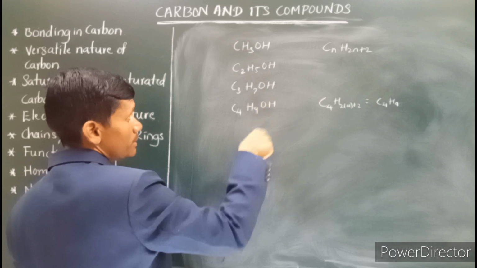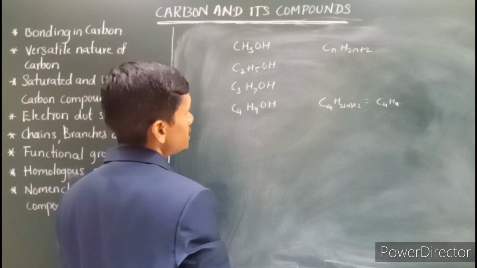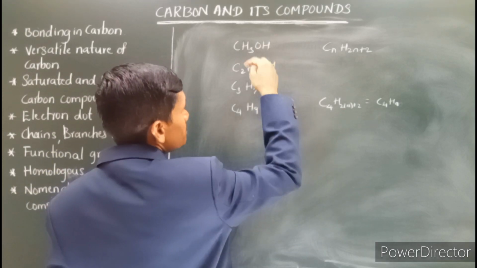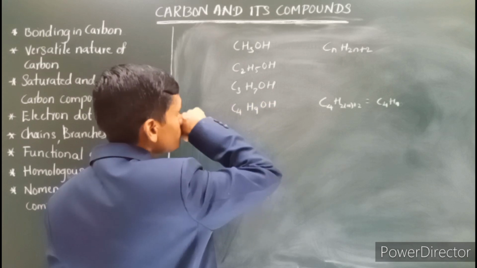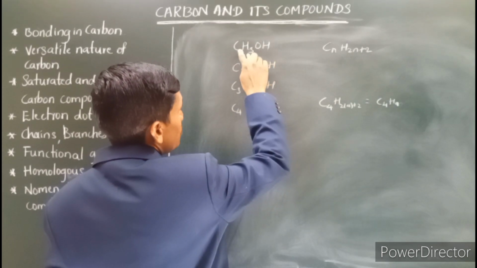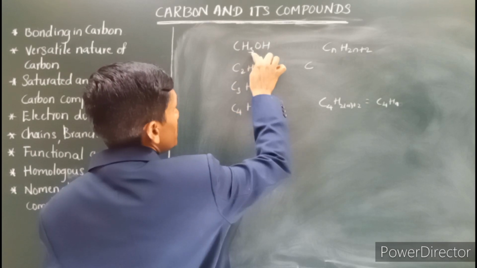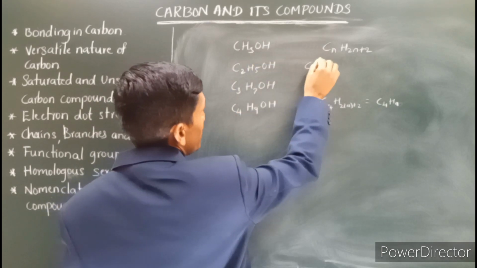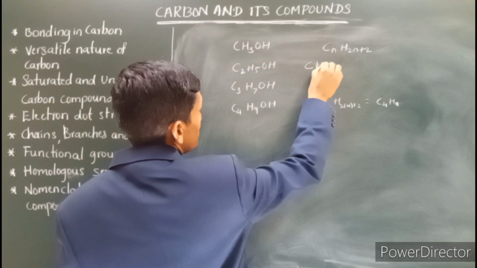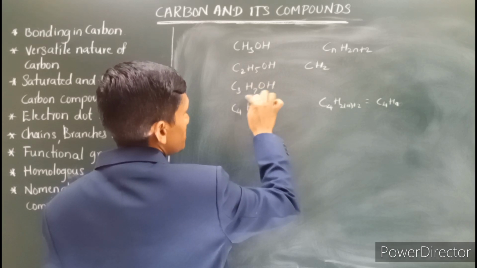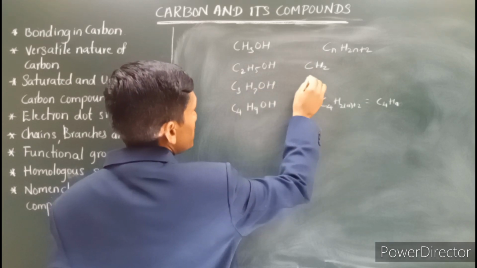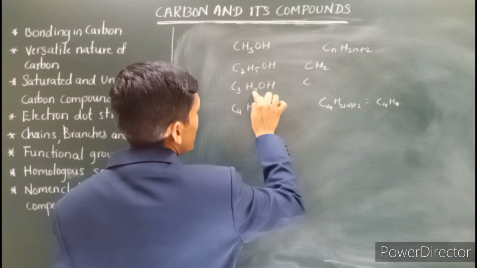Now each member, if you consider, just find out the difference in the next higher member. What is that? Here one carbon is extra. Here 3 hydrogen, here 5, means 2 hydrogen is extra. Right? And if you take the next higher member, 1 carbon extra and 2 hydrogen.